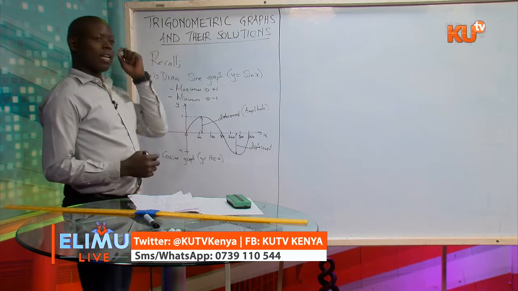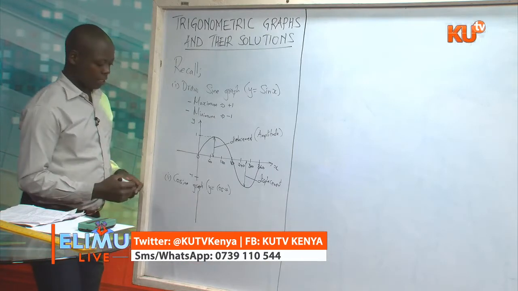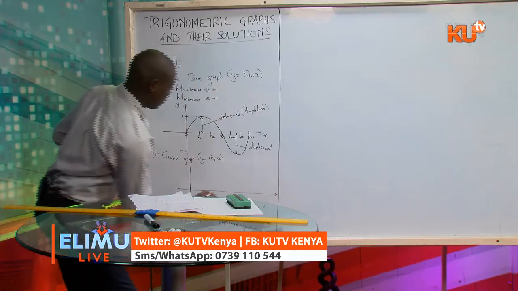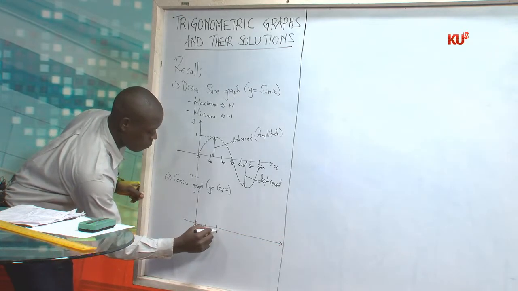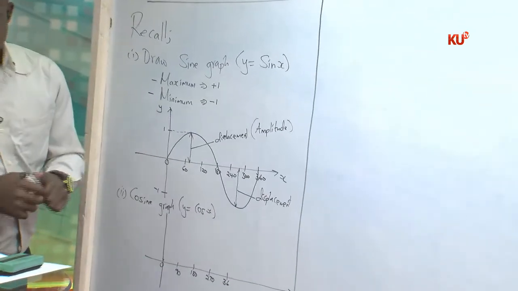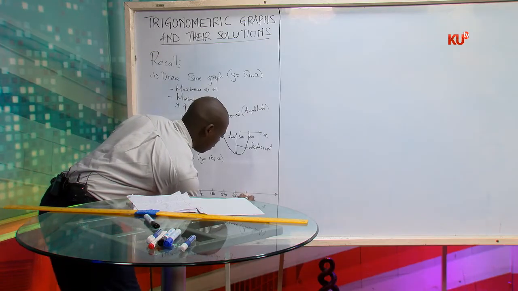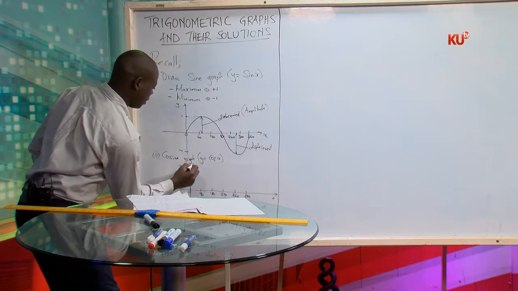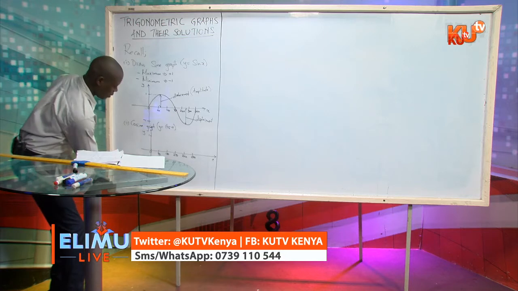Again, it takes the same principle of the sine graph, but this is how it will appear with 0, with 90, with 180, with 270, with 360. Then we have this as 540, and so on. This is the x-axis. This is the y-axis. The highest point is 1. And again, the lowest point is -1.